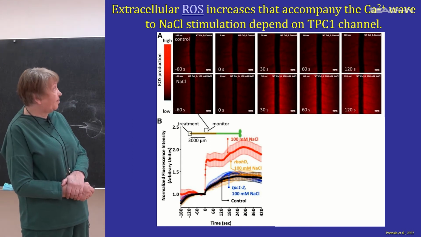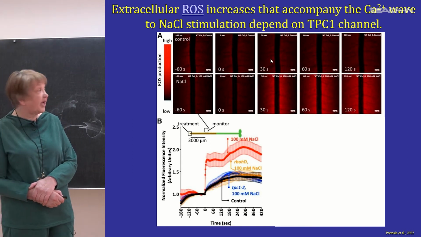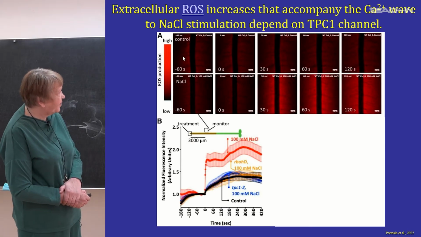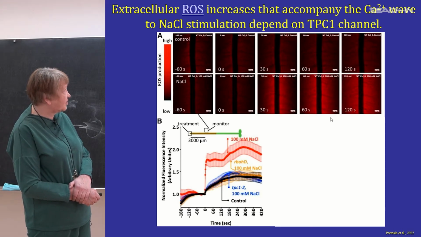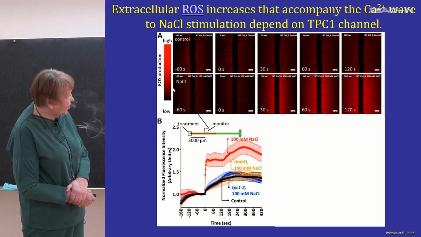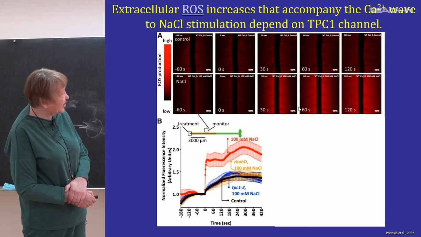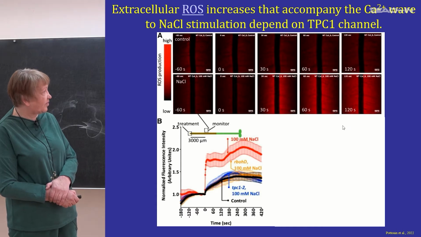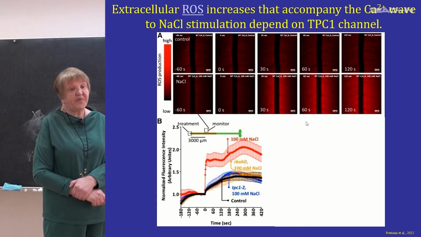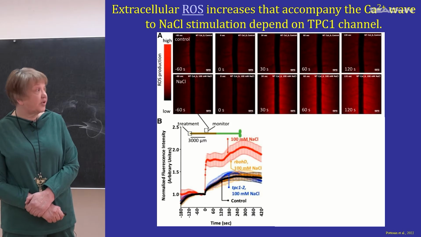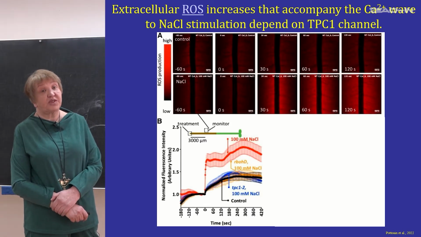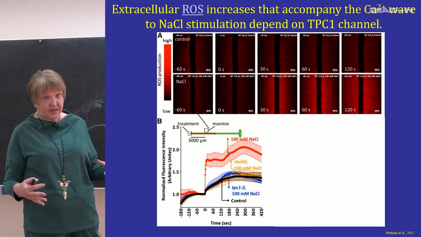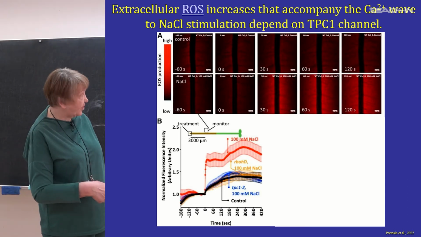So increase in extracellular reactive oxygen species is associated with this response. So if you add sodium chloride, at 0 seconds, 30 seconds, you already have an increase in fluorescence here. This is monitored by Oxyburst BSA, which is a fluorescent dye bound to a big protein, so it can't get inside the root, and this is the root.